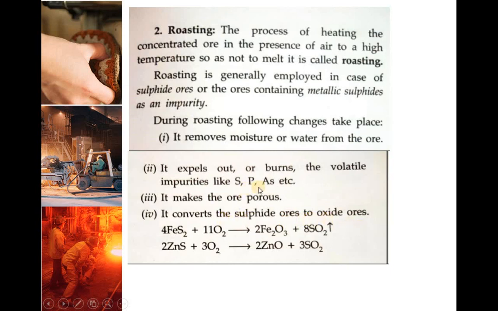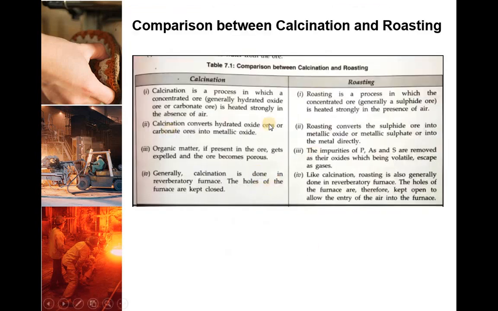Sulfur, phosphorus, arsenic are generally removed as sulfur dioxide, phosphorus pentoxide and arsenic trioxide. Metallic sulfides are converted to the respective oxides and there is a generation of sulfur dioxide gas. So this is the comparison between calcination and roasting.